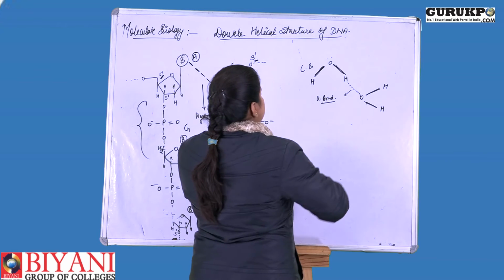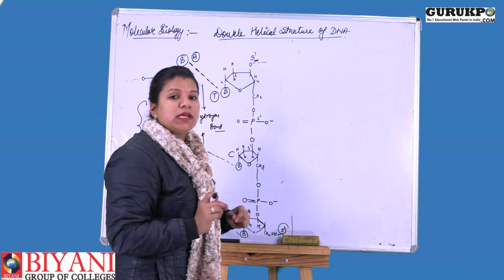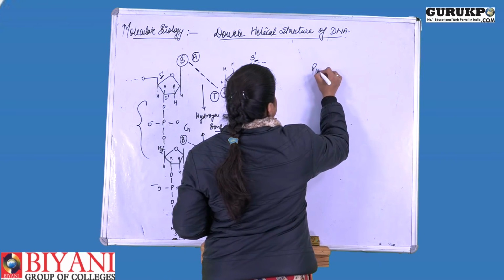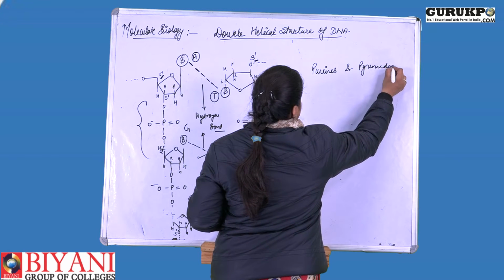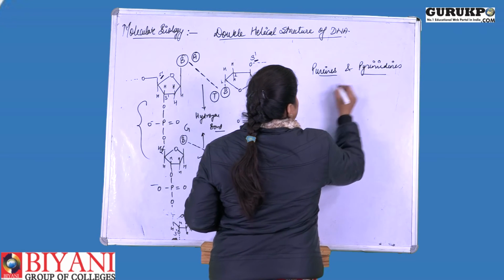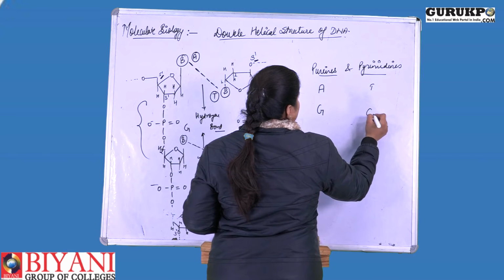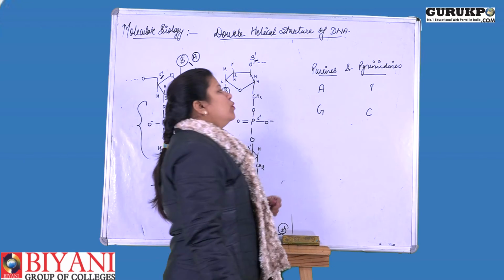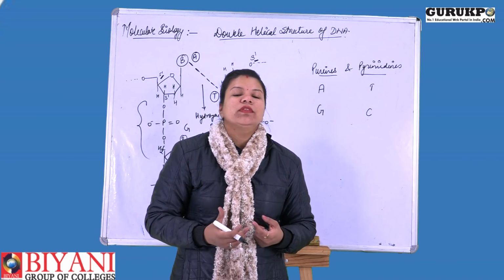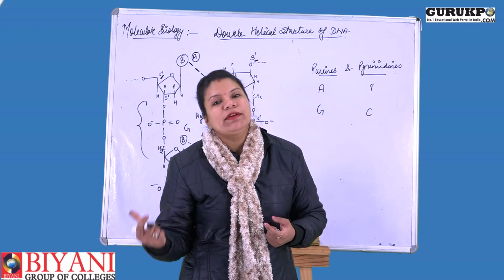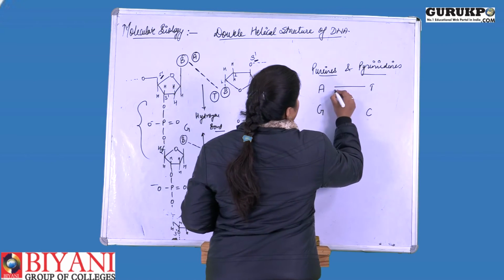So here also, in the case of DNA, these hydrogen bonds are formed between the purines and the pyrimidines, that is adenine, guanine and thymine and cytosine. So when the adenine molecule comes and binds in the vicinity of the complementary pyrimidine, that is the thymine only, it forms two hydrogen bonds.